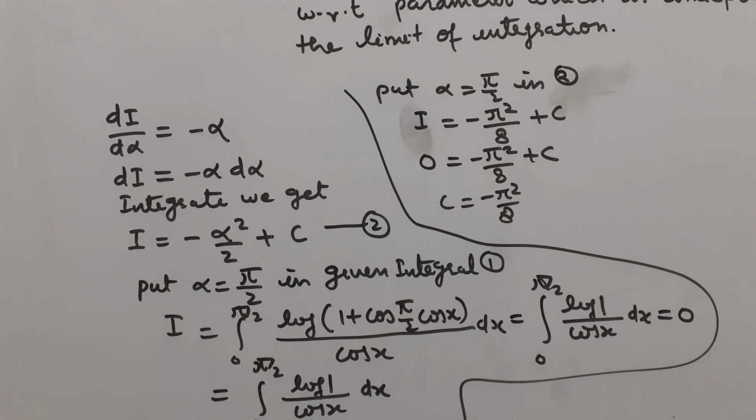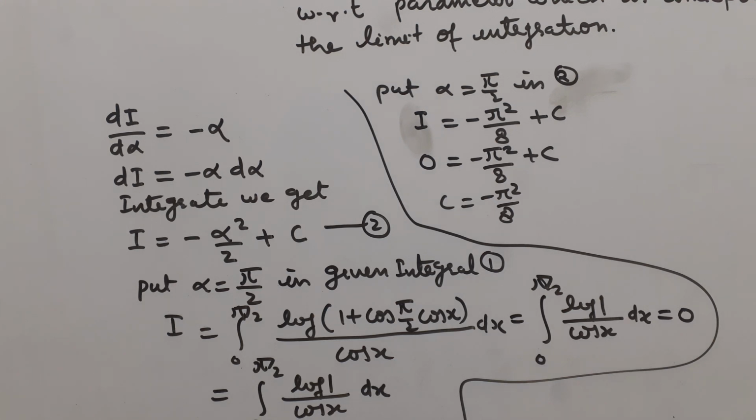Put alpha is equal to pi by 2 in the given integral in place of alpha, that is I is equal to integration 0 to pi by 2 log of 1 plus cos pi by 2 into cos x divided by cos x, and we know that cos pi by 2 is equal to 0, so this integrand reduces to log 1 upon cos x, and we know that log 1 is equal to 0, so the value of the integral I at the point alpha is equal to pi by 2 is equal to 0.